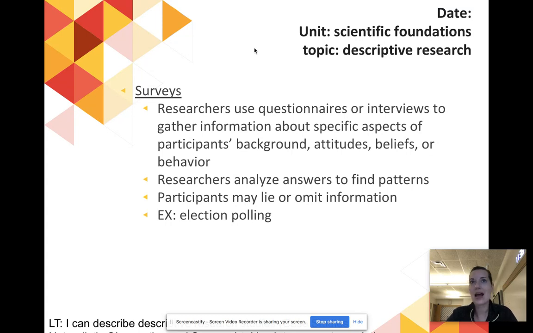I might lie on a survey because I'm embarrassed to admit something. I might lie because I feel like it's not their business. I might lie because I actually don't know the truth, right? There's all types of things that can happen. So these are not really as reliable as something like naturalistic observation or a case study.